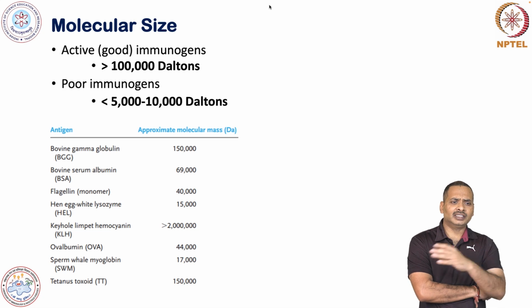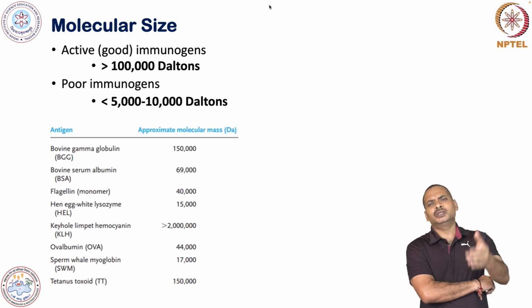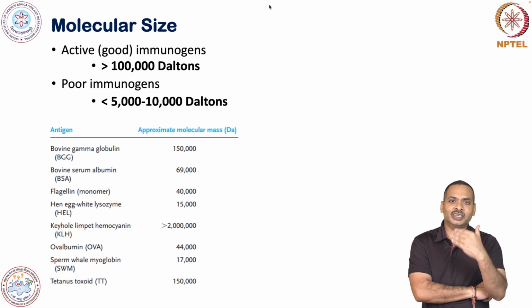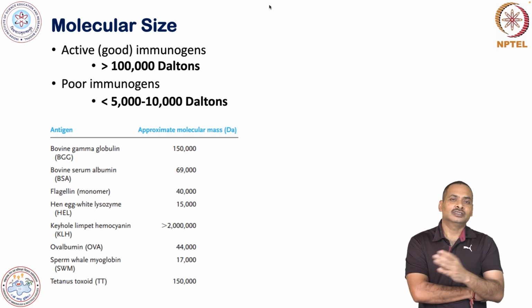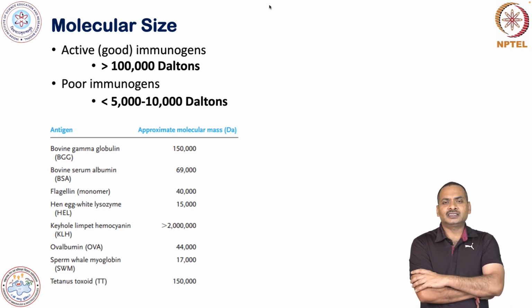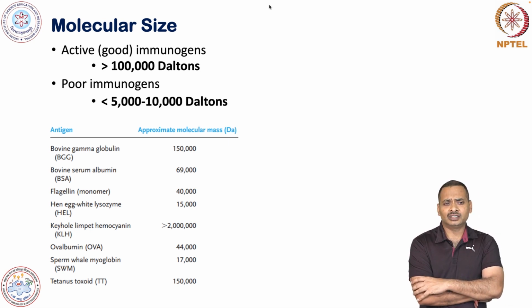Another is BSA. BSA is quite commonly used because it is quite cheap. It is not only used in immunization, it is also used in various other experiments. This BSA has a 69 kilodalton molecular weight.